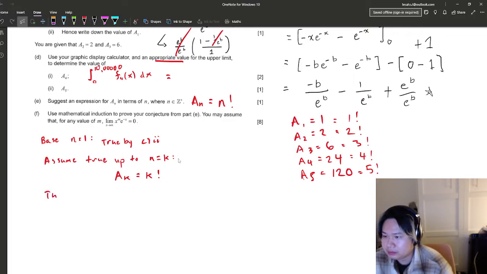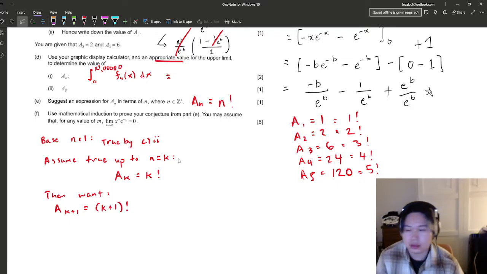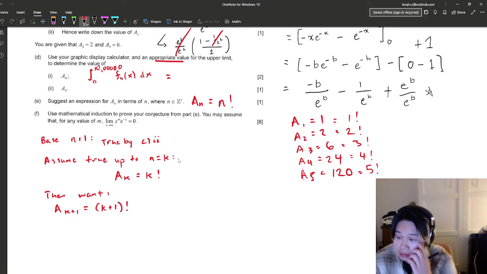Then we want to show that a of k plus 1 is equal to k plus 1 factorial. And then what we gotta work with is the actual definition.